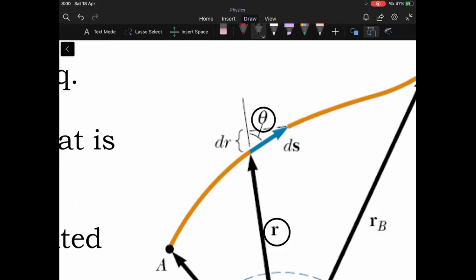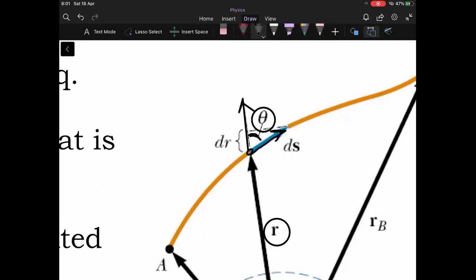With respect to the point charge, the electric field at this point will be radially outwards, because we are assuming that this charge is positive. So for a positive charge, electric field is always radially outward. That we already know. And the displacement is taking place in this direction at a certain angle theta.